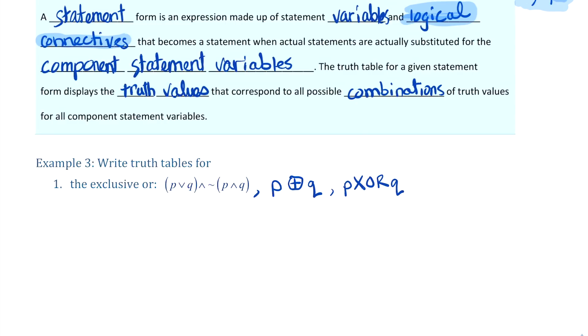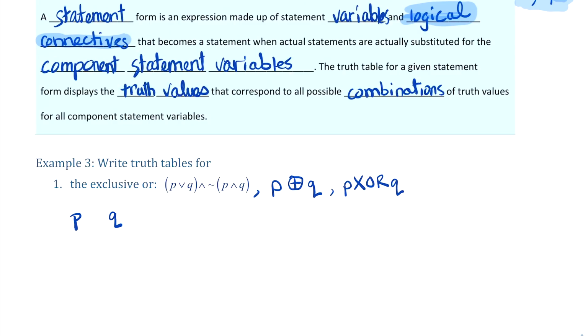All right, so let's start out by just listing. We've got P and Q in general, right? Well, we're going to need a P or Q, a P and Q, and then we need to negate the P and Q. We need to negate that conjunction.